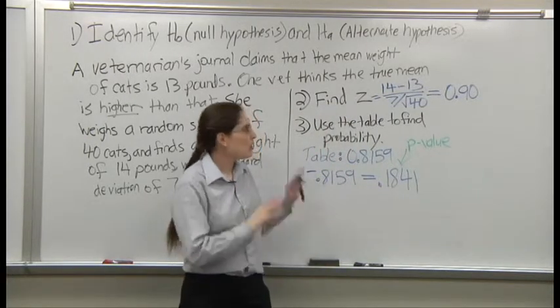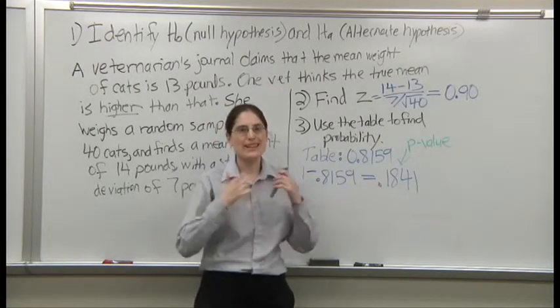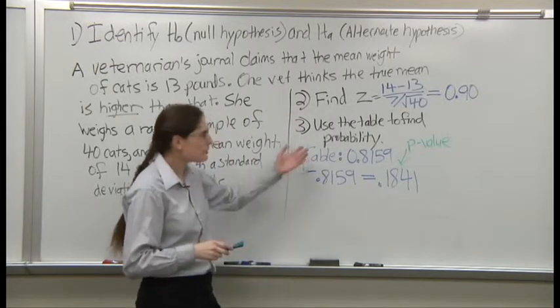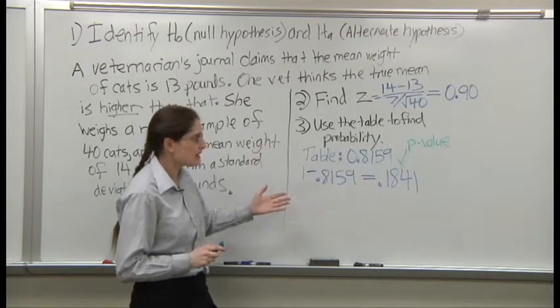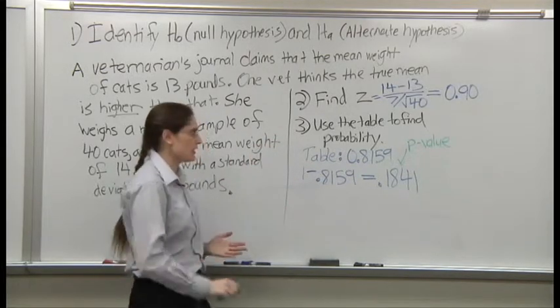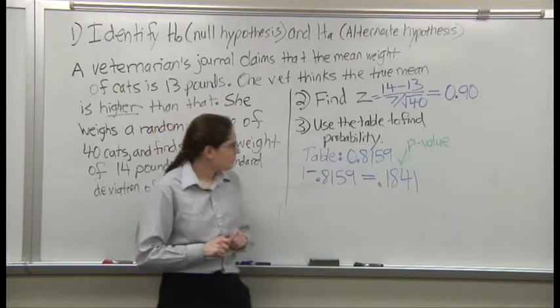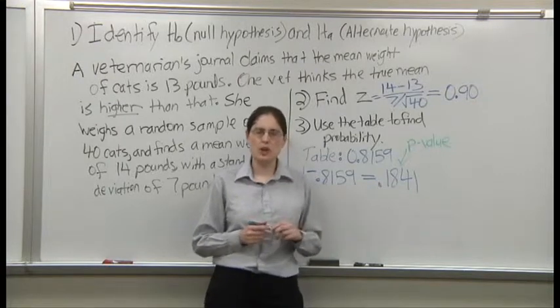At this point, we're done doing math, and we have to do thinking. That wasn't really a whole lot of math, was it? The math in hypothesis testing is easy. It's the thinking that'll kill you. So, is this probability small? How do we define a small probability?